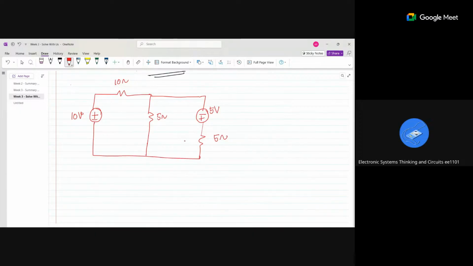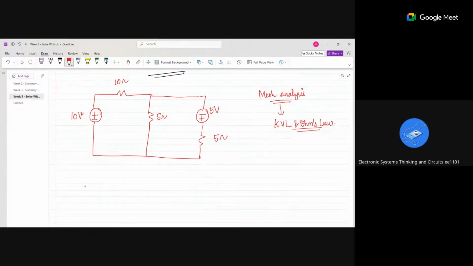This is my circuit. For the beginning, I will go with a simple circuit. I want you to use mesh analysis, which uses KVL and Ohm's law.